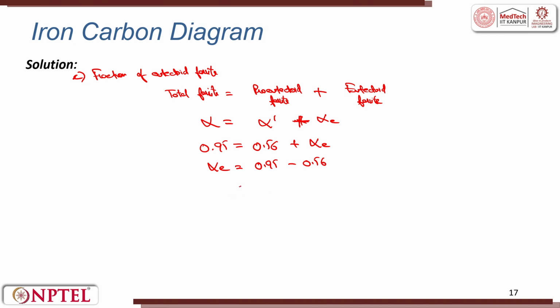This is equal to 0.39 alpha E. Now, one point I would like to mention here is that since this 0.39, that is alpha E, is also less than 0.76, we can give a statement that it is a constituent of hypoeutectoid steel.